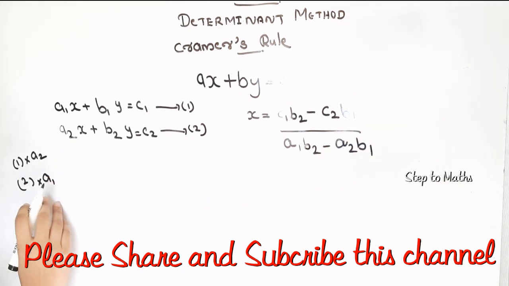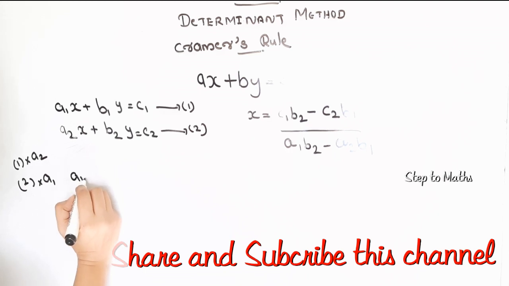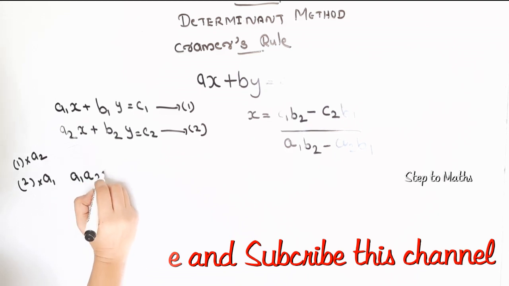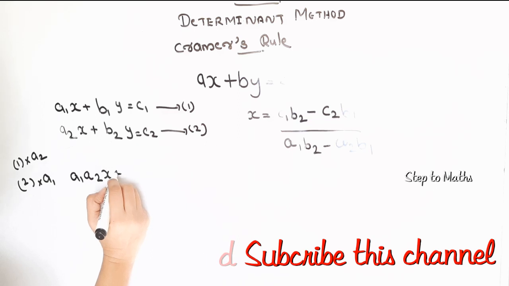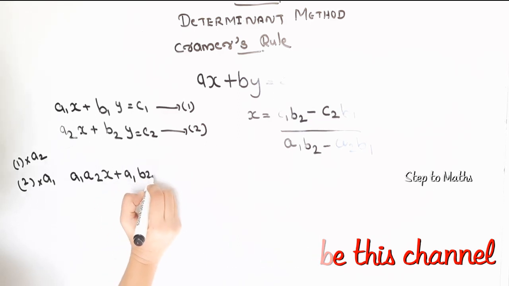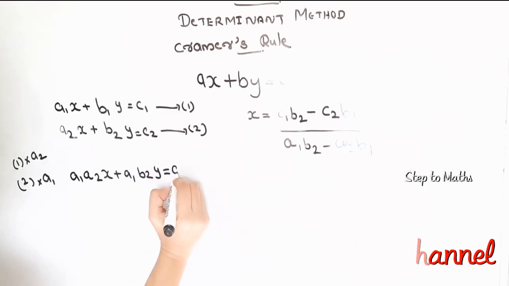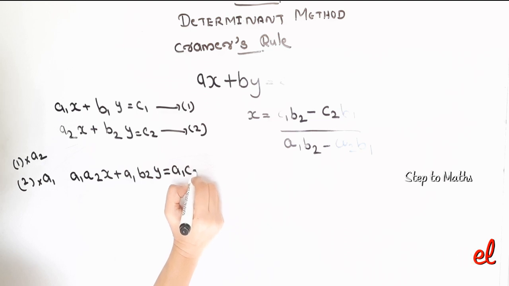Multiply equation 2 by a1. Then equation 2 becomes a1 a2 x plus a1 b2 y equals a1 c2.